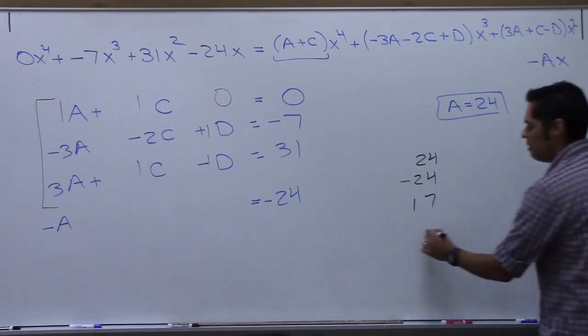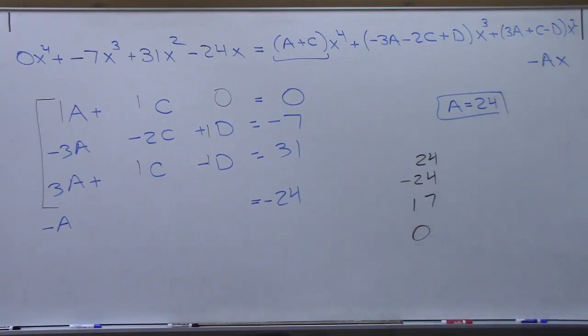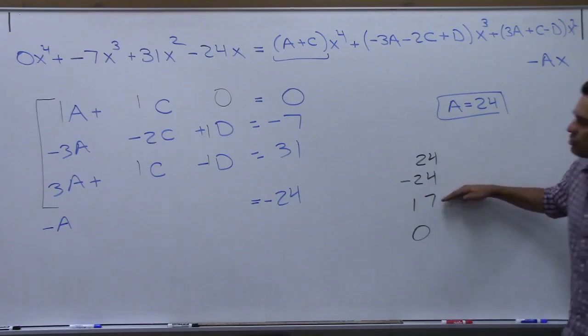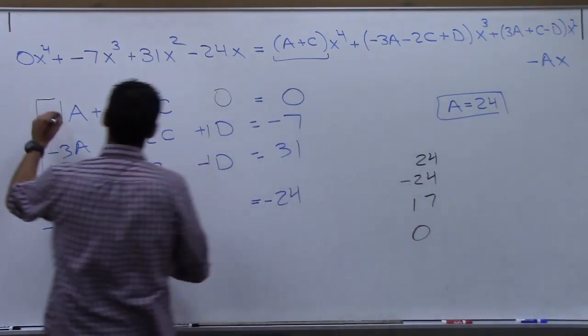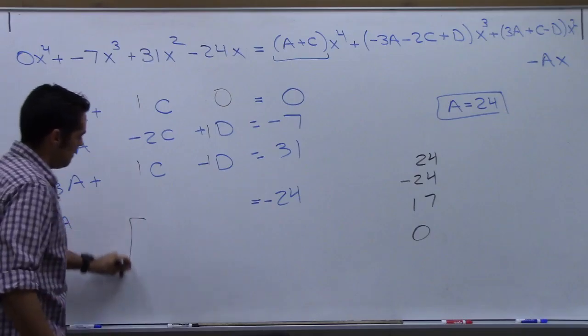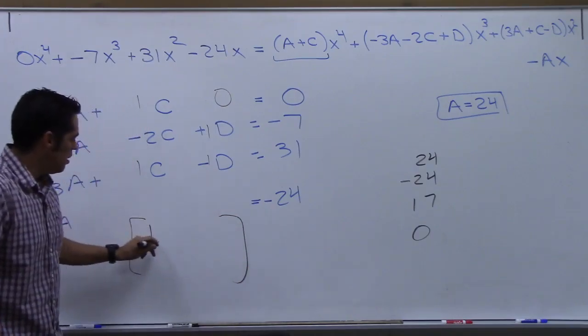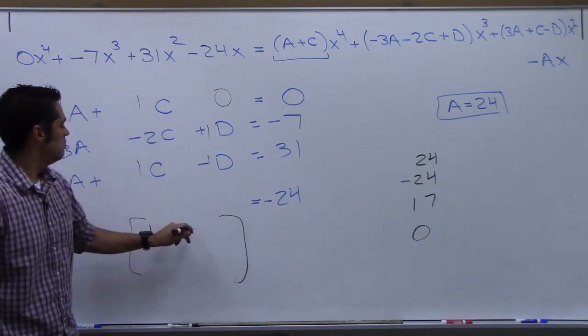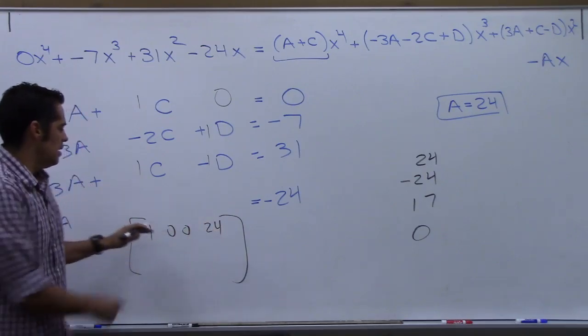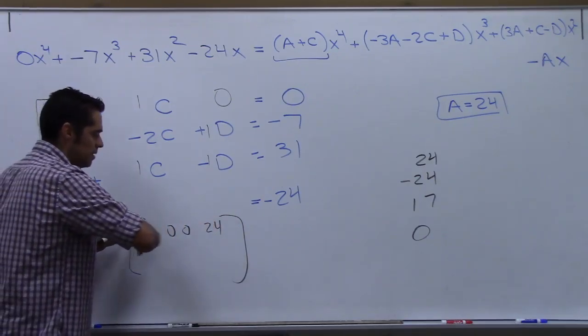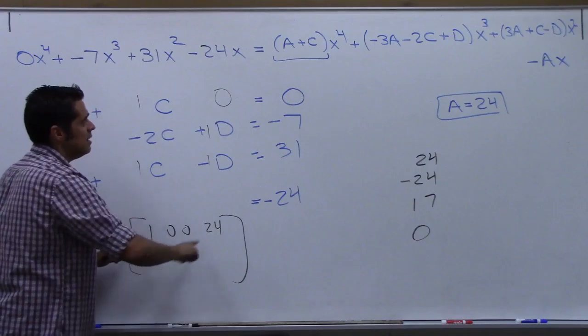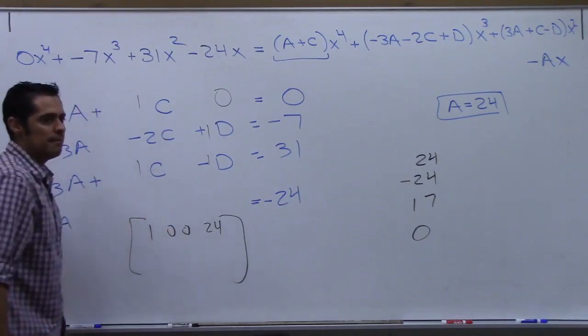That's okay, because remember these answers right here. When you have your matrix, the answer is 1, 0, 0, and the last one, the 24, means A. The second one is B or C, and then the next one is D.